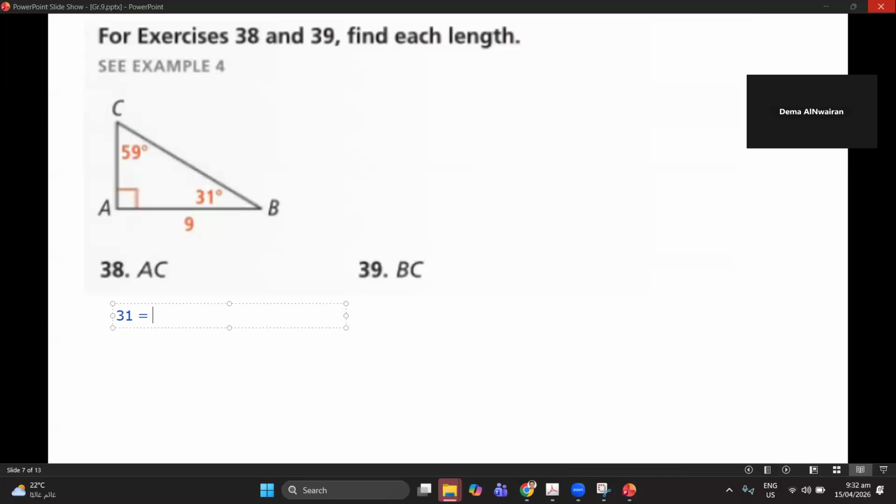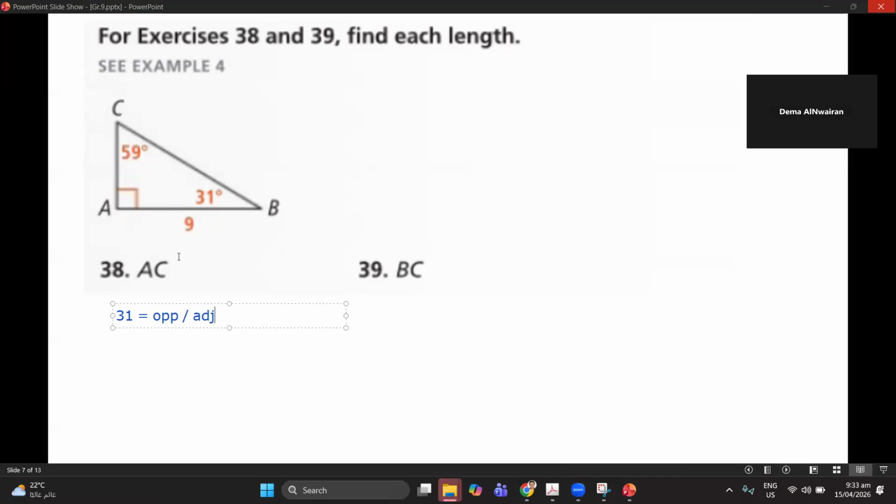So for 31, what is given? I need to find AC, and I have AB, the adjacent. And what do I need to find? The opposite. So which ratio is opposite over adjacent? Miss, why don't we need to find the hypotenuse?